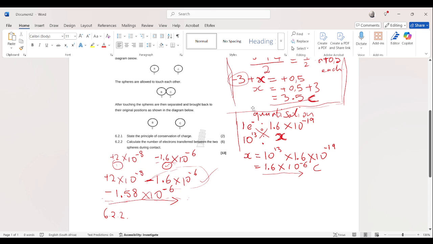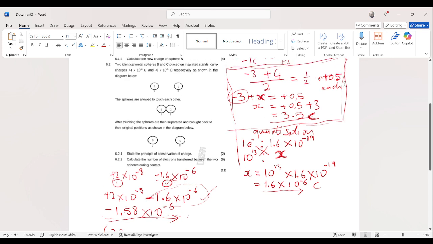You always have to divide by 2. You add the two charges and divide by 2. That's when you will find the charge that each object will have at the end.